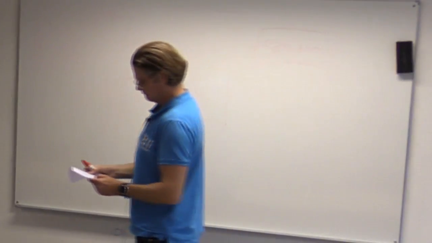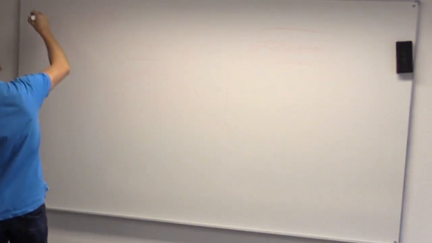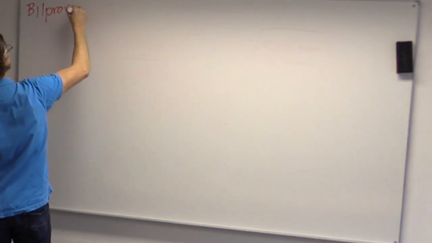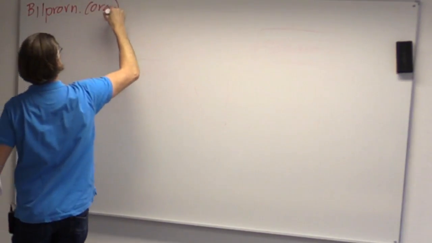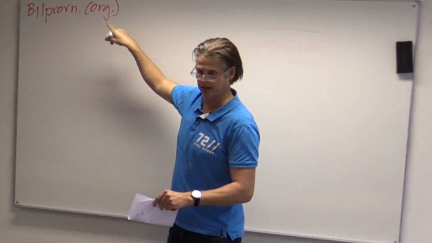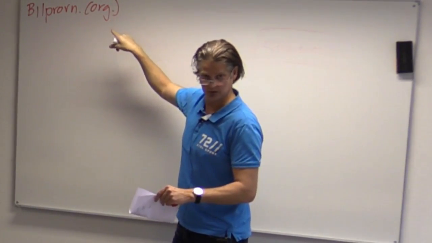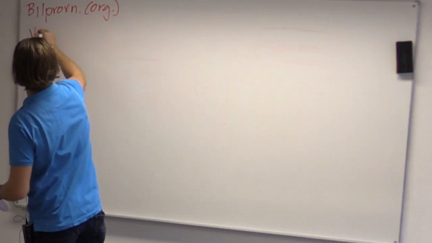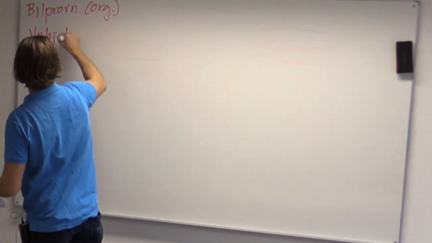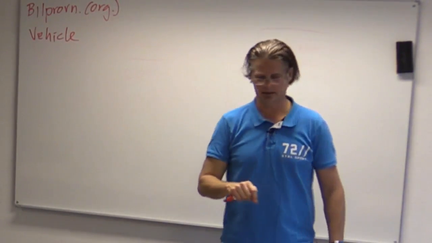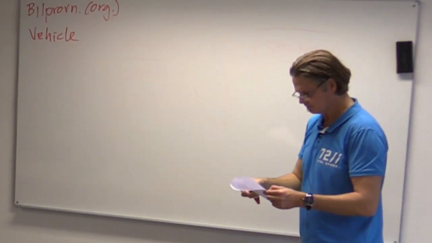So, if we would start to write down a few words. That's short for Bilprovningen. That's the name of the organization that performs those inspections. I have been talking about a car, or at least a vehicle, because it's motorcycles and cars and a few other things.